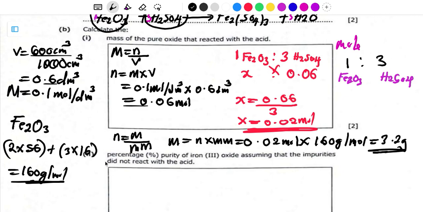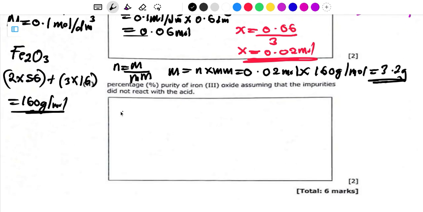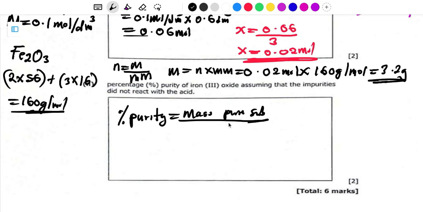For the second one, it is saying we have to calculate the percentage purity of iron(III) oxide, assuming that the impurities did not react with the acid. So what is the formula? Percentage purity is equal to the mass of the pure substance divided by the mass of the impure substance, multiplied by 100%.